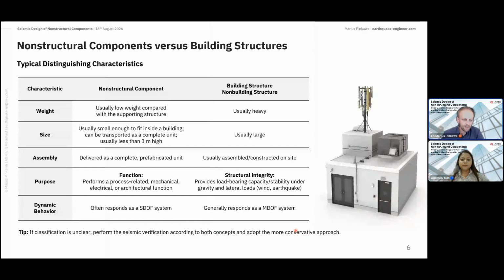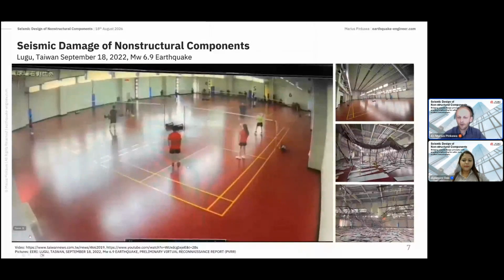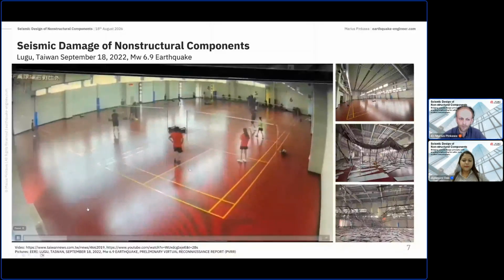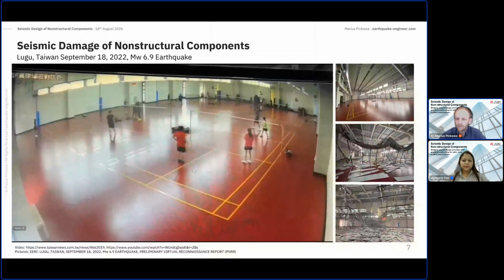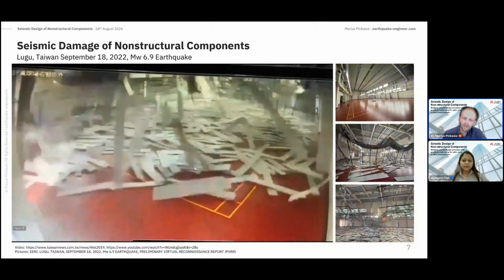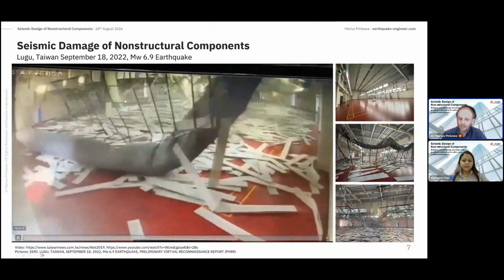So this is a video from a recent earthquake. It's a badminton hall. The badminton players stop playing because they feel the earthquake already. And now what you see is a failure of the suspended ceiling. It's a kind of domino effect, cascading effect. It starts at the rear and then continues until the front.